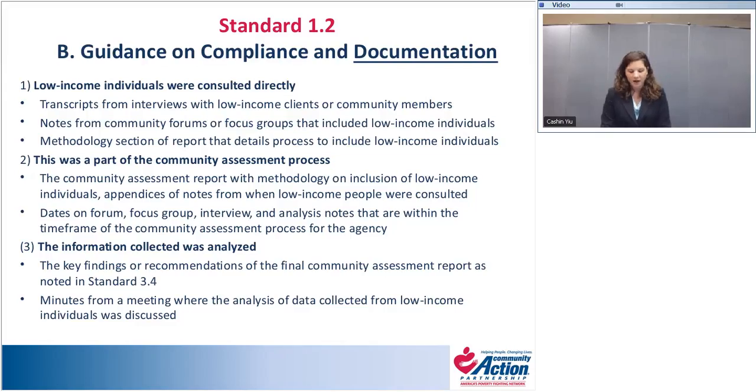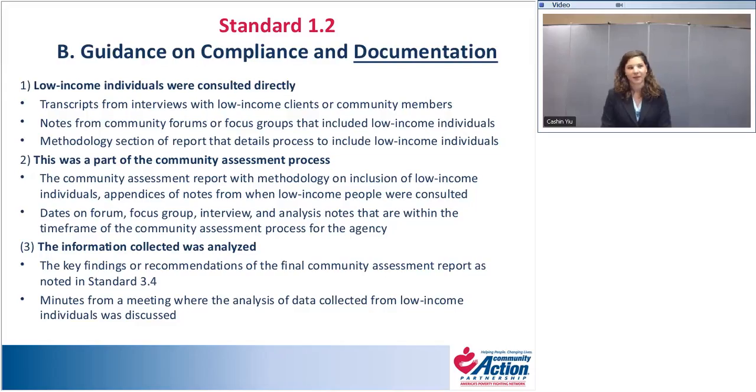And then third is about analysis. Did you analyze what all of these low-income people said, or did you just sort of staple the notes from those meetings or the surveys onto the back of your report? A couple options for this are the key findings section, which is required in another standard, which serves to sum up your whole assessment in your report and what people said, so you could point to that to get at the analysis of what you found.